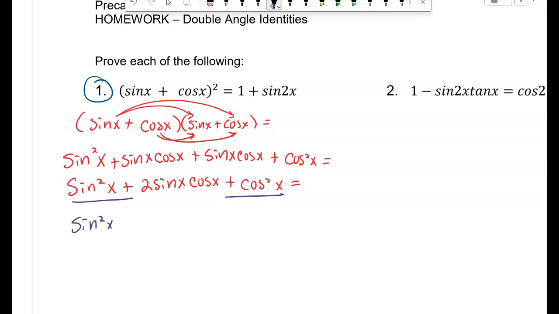Sine squared x plus cosine squared x plus 2 sine x cosine x. Is that true? Now is it easy to see that's equal to what value? 1. So then we can go, oh, that's 1 plus 2 sine x cosine x.